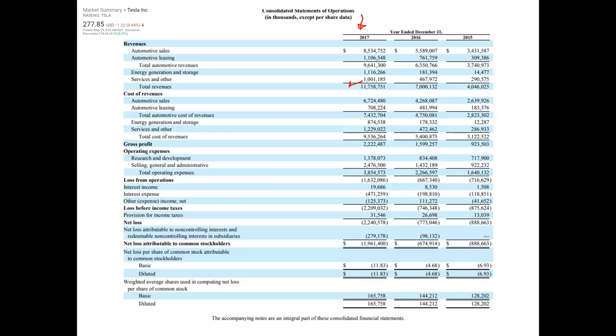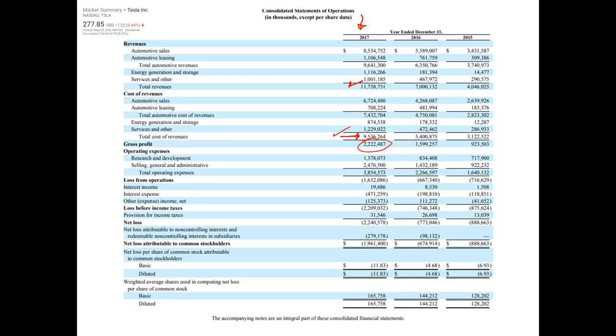But they had to make the cars, and they had to create the energy generation and storage and deliver that. And the cost to do that, to produce the cars, distribute the cars, produce and distribute the energy, is around 9.5 billion. The revenue was 11.7. The cost to produce the product and services 9.5. So 2.2 billion is what's left over.